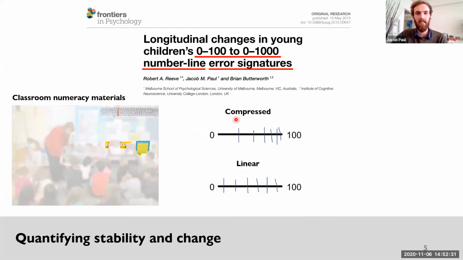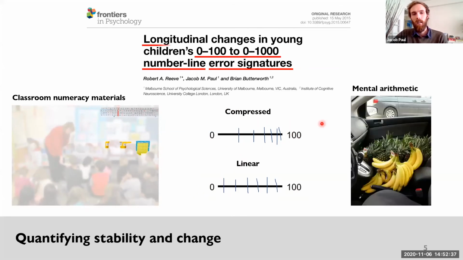That is, they overrepresent the distance between smaller numbers and they underrepresent distances between larger numbers. Those error signatures are very predictive of later performance in the classical maths tasks we would think of. And in this case, the typical sort of verbal language math problem you might get in a test.